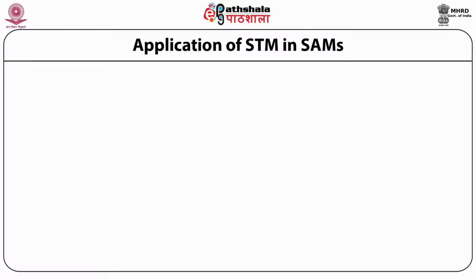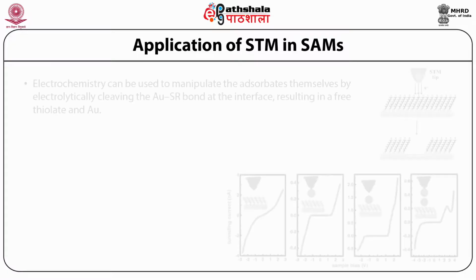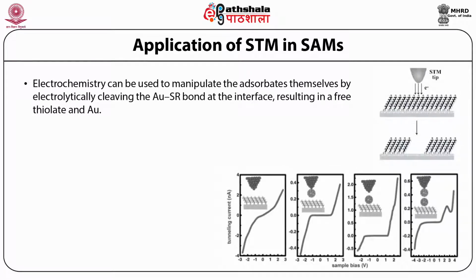Application of STM in SAMs. Electrochemistry can be used to manipulate the adsorbates themselves by electrolytically cleaving the gold-SR bond at the surface or at the interface, resulting in a free thiolate and gold.